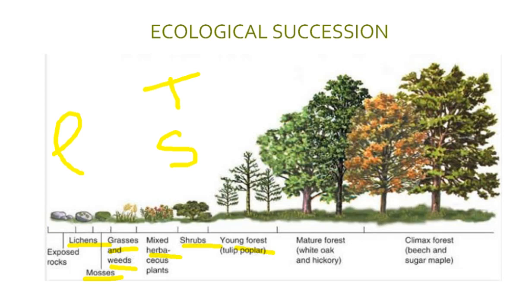After that, due to stabilization, the climax community came into being, where mature forest, white oak and hickory and climax forests occupied the area. Okay guys, so this is all about ecological succession.